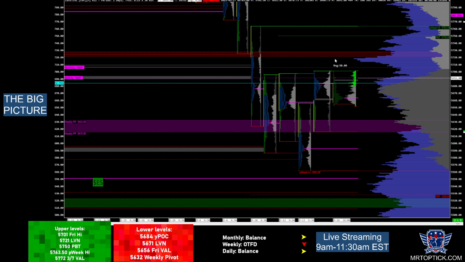They see a gap, and some systems call for a gap fill, right? So we might see some push to the downside. Now if you're looking at a back adjusted chart, you're looking at us trading right at the top of this balance area, which also could attract some shorts, right? Because at the top of the range you want to short, the bottom of the range you want to go long, right?